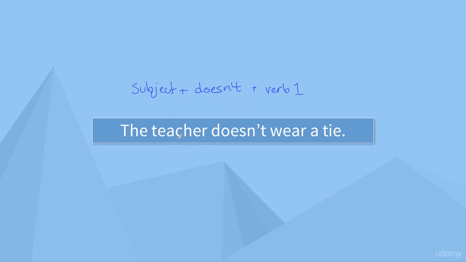If it wasn't third person singular, then we would use don't. But because we're using the third person singular, we have the S in doesn't.